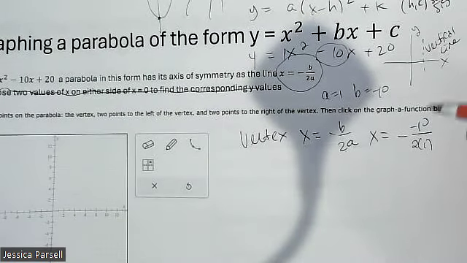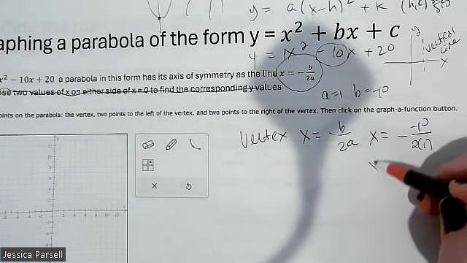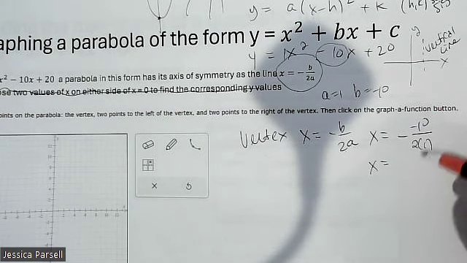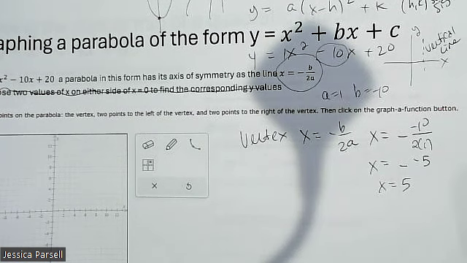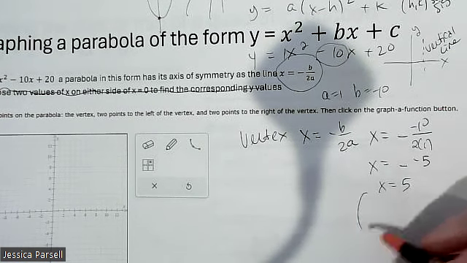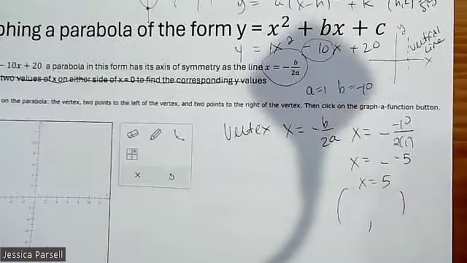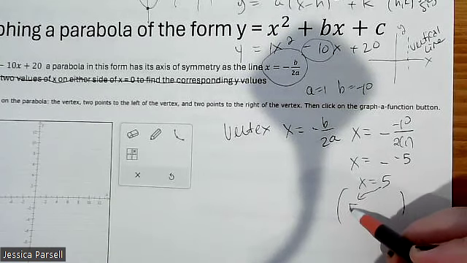Okay, so we have a negative negative 10 divided by 2, which would be negative 10 divided by 2 is negative 5. And then 2 negatives together is going to make that just a 5. Okay, so this is 1/2 of your vertex. So x equals 5, we're going to put it right here.